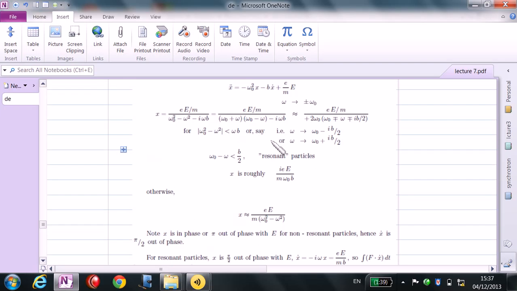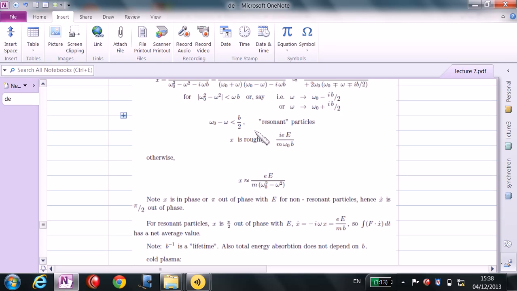When the denominator is at a minimum, you see that x is 90 degrees out of phase because the denominator is purely imaginary. Again, when omega is equal to omega naught, which is the real part of the natural frequency of the oscillator, then the denominator is purely imaginary, and that means that x is 90 degrees out of phase with the electric field, which is in the numerator.